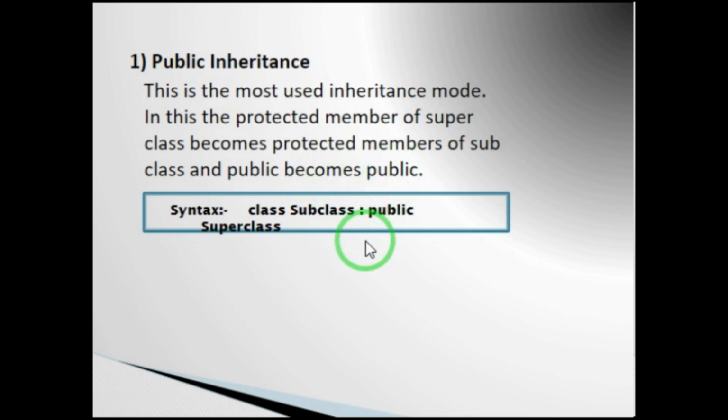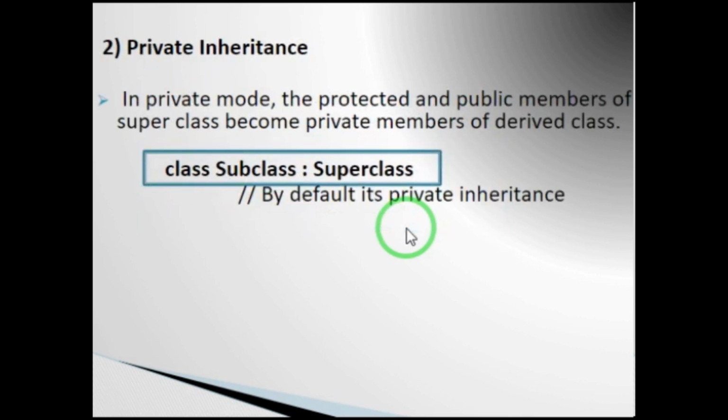So dear student, whenever I declare a subclass with visibility mode public, the protected member of a base class becomes protected in the derived class, and the public member of the base class becomes public in the derived class. Now if I use private mode, by default it is private mode in inheritance.